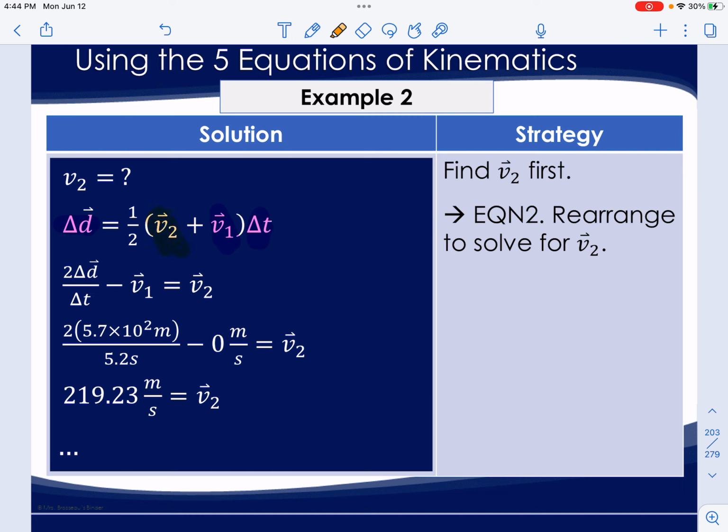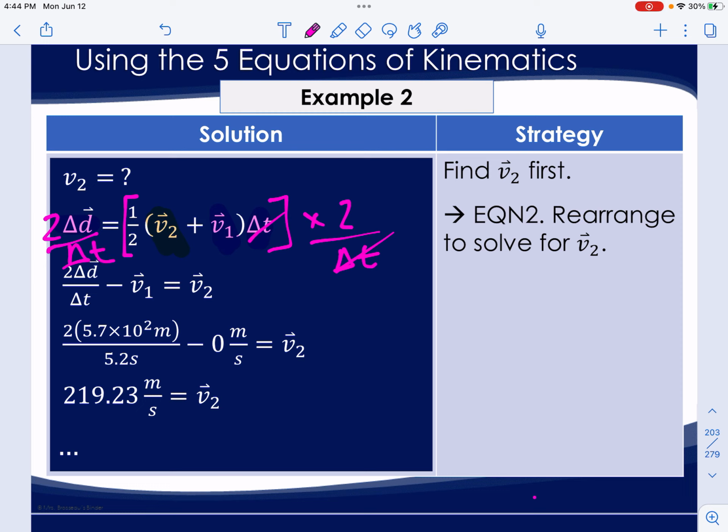This is what we're looking for. So if we arrange this equation algebraically, we're going to multiply this by 2 to get rid of the 1/2. That's where this 2 comes from. And then we would divide by delta t, because that way these can cancel, right?